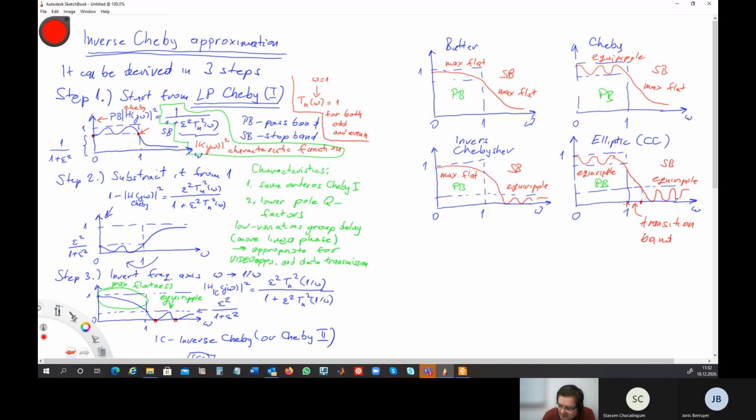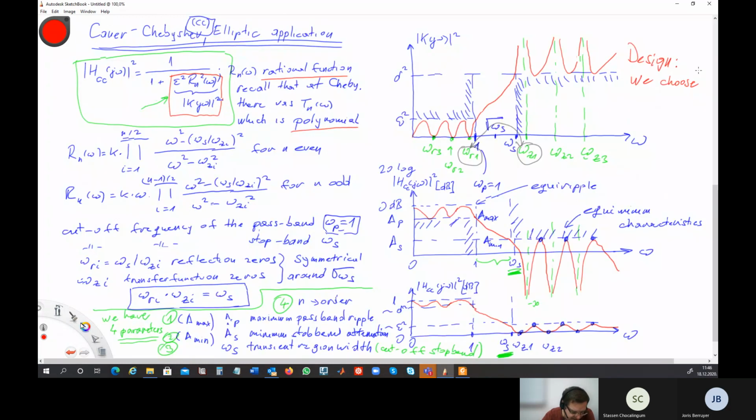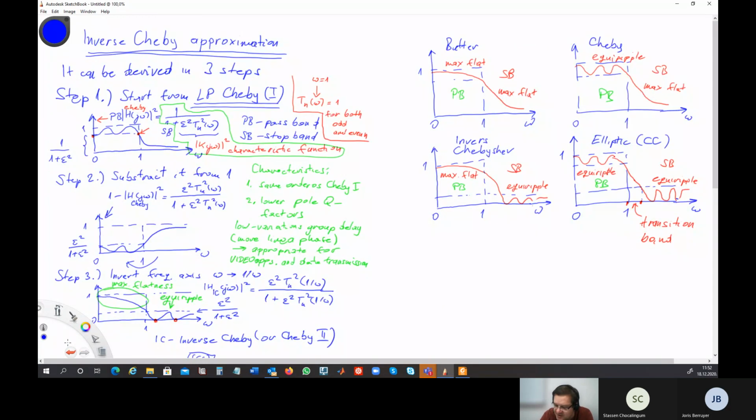Okay, so we said that for the price of some ripple in the passband, we obtained something.